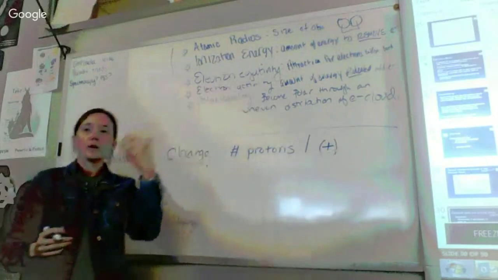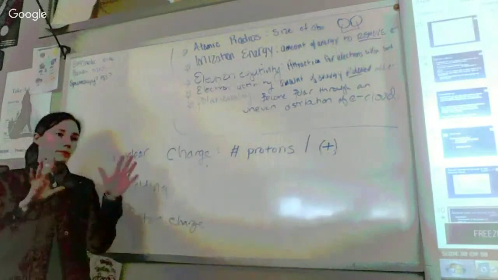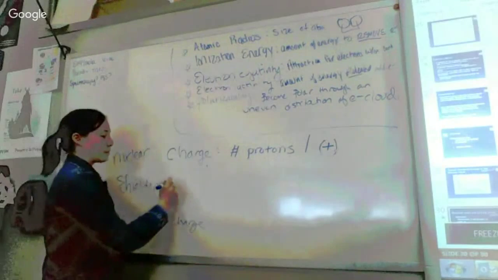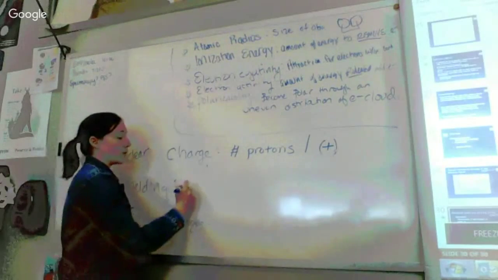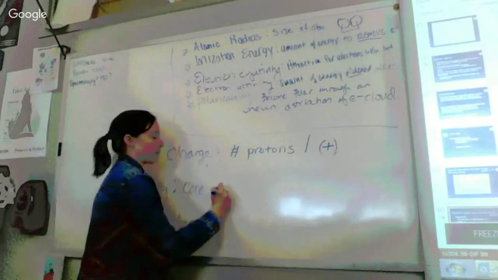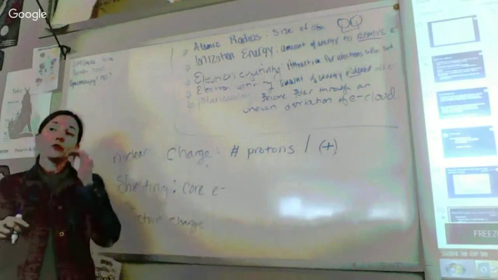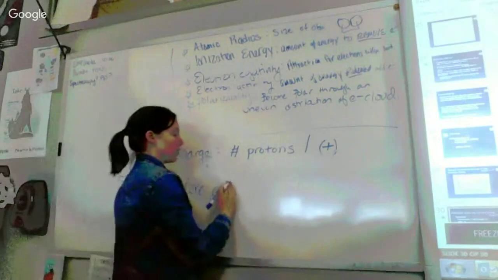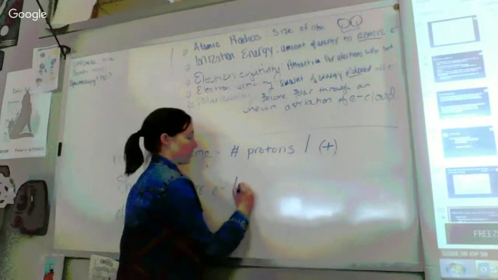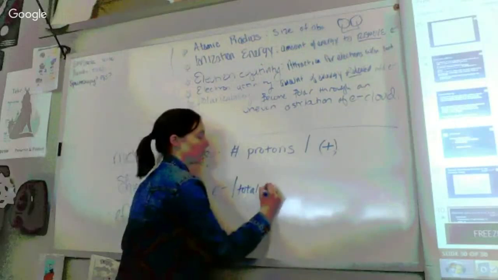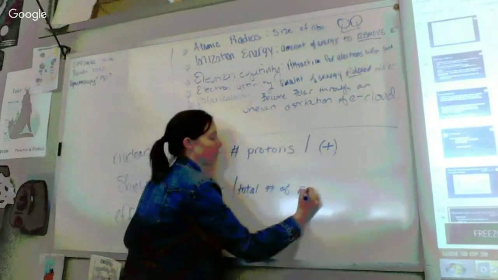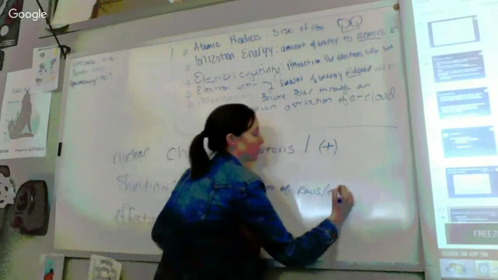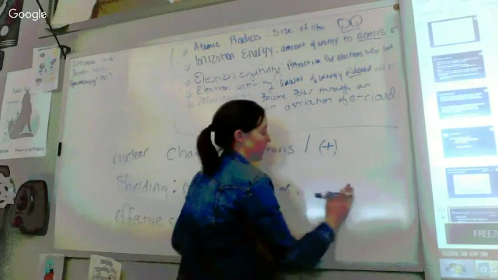And so they're going to pull on all those electrons and keep the atom working the way that it is. Shielding comes from core electrons. And so this is going to be for every row or period of your core electrons. I'm going to say energy levels because that's the right word to use.